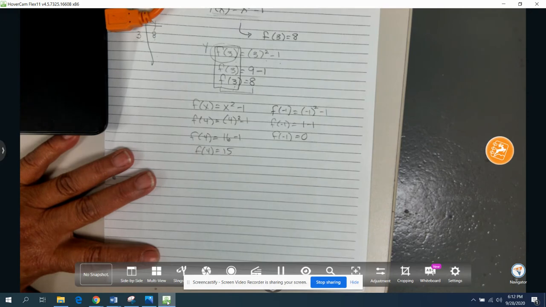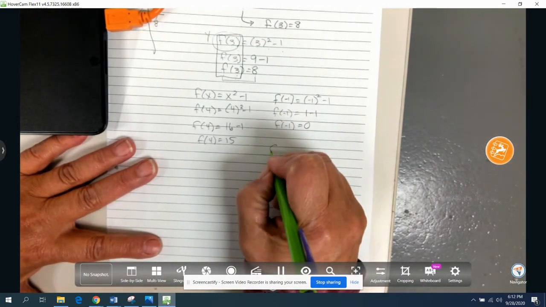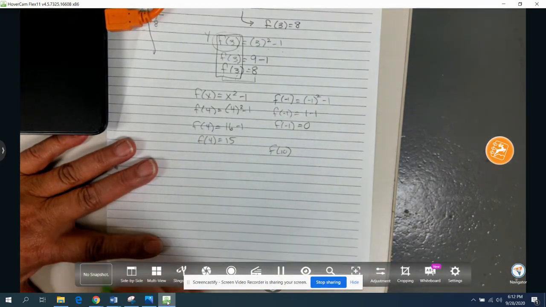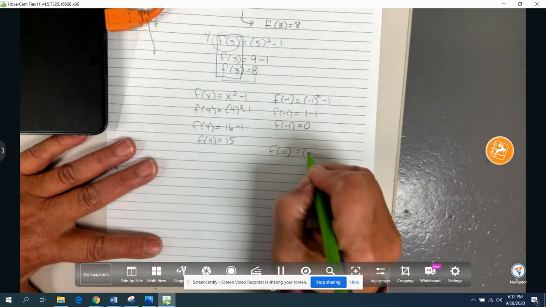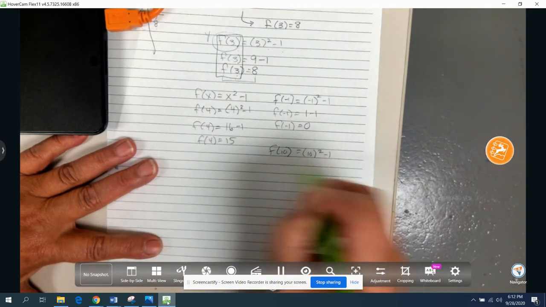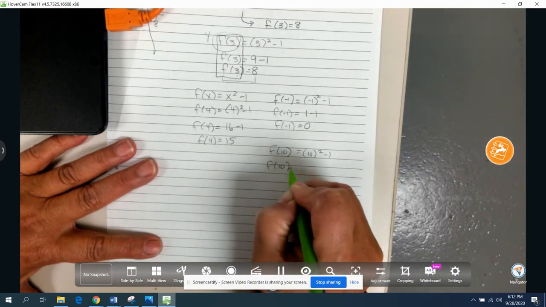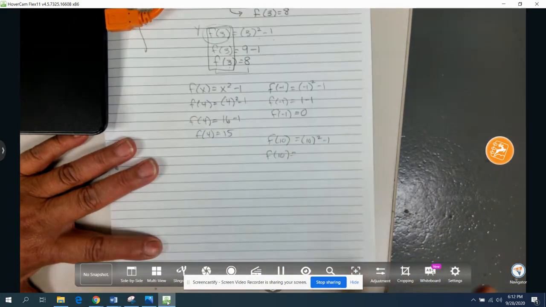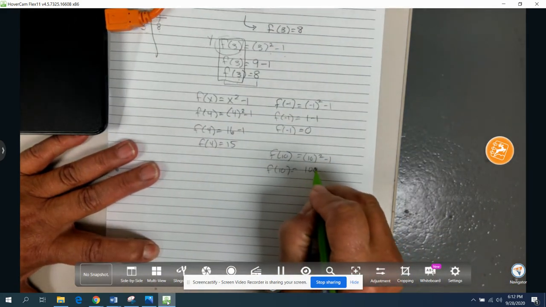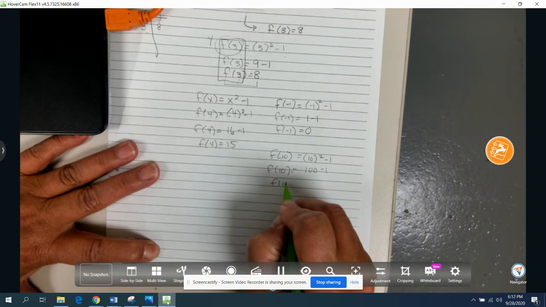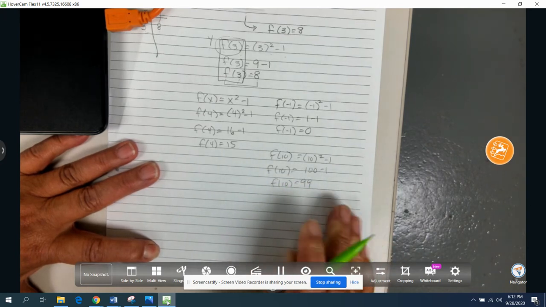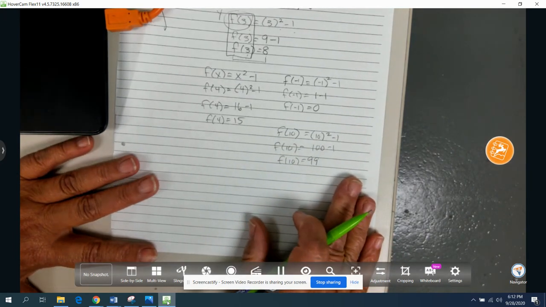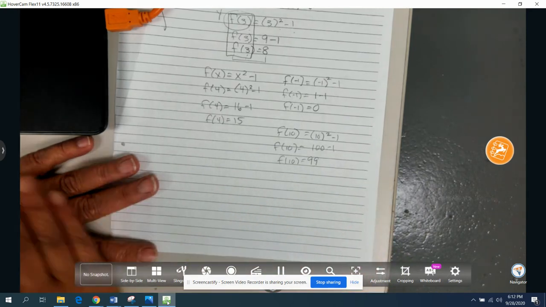And it says, now find f of 10. So wherever I see x, I'm going to plug in 10. So f of 10 is going to equal 100 minus 1. F of 10 is equal to 99. Okay. So you can check your answers.